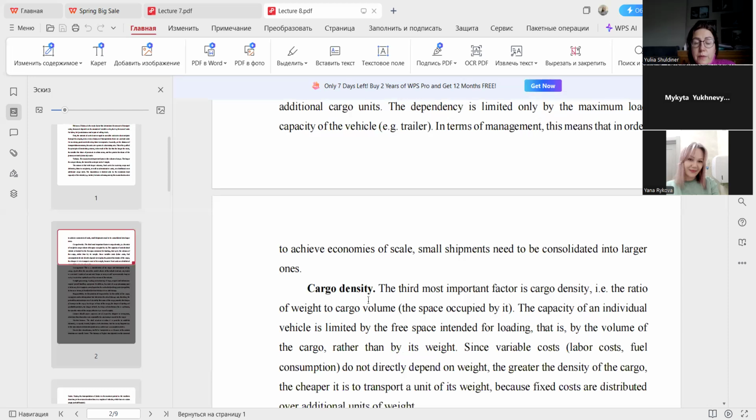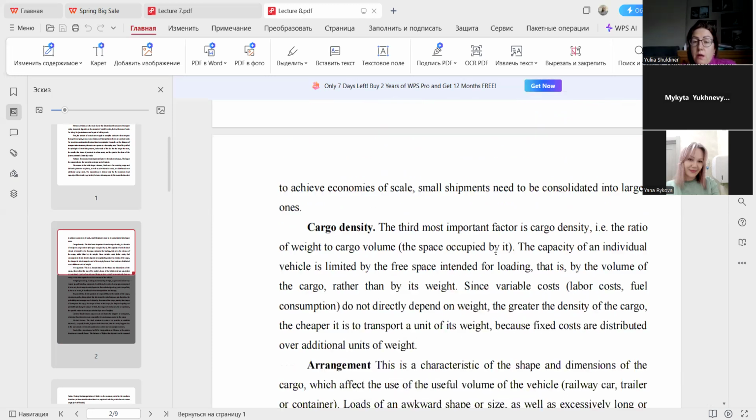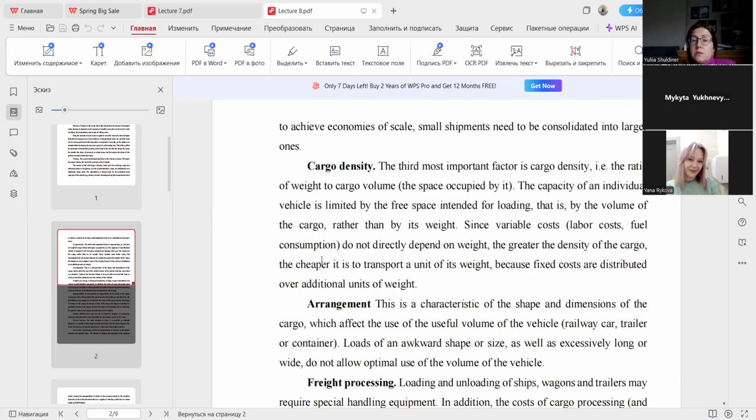Cargo density. The third most important factor is cargo density. The ratio of weight to cargo volume, the space occupied by it. The capacity of an individual vehicle is limited by the free space intended for loading, that is by the volume of the cargo rather than by its weight.